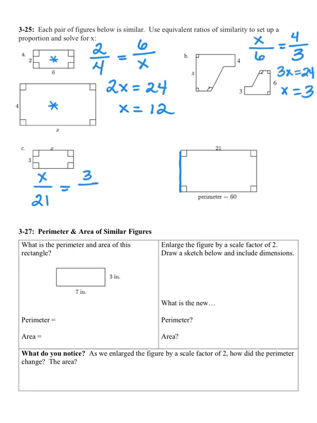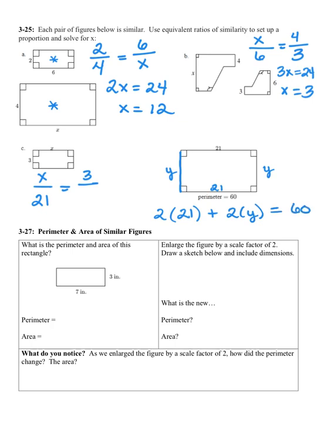If the perimeter of the entire rectangle is 60, remember that comes from taking 21 times 2 plus, we'll call this other side here y, 2 times y, because there's 2 of them over here, that equals 60.